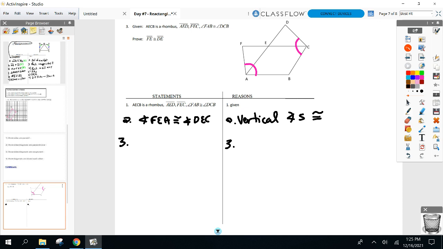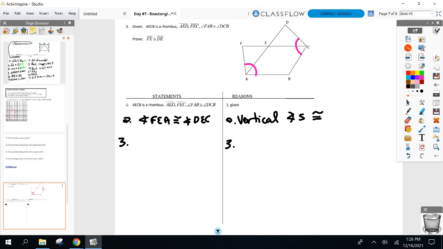Oh, vertical. Then you can say EAB. Step 3, it says AE is equal to EC, and all sides. Oh, yeah.